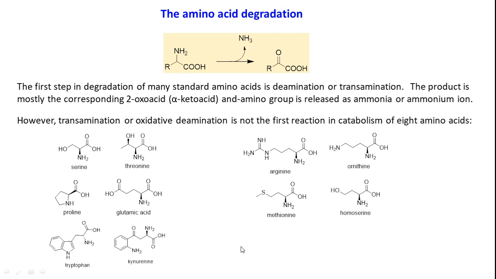Methionine gets converted to homoserine, which participates further in biochemical reactions, so deamination happens. Lysine gets converted to aminoadipic acid first, and then this gets converted to the remaining metabolites. So deamination is not the first reaction for many of the amino acids.